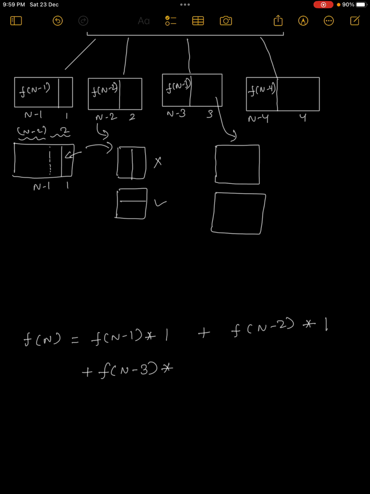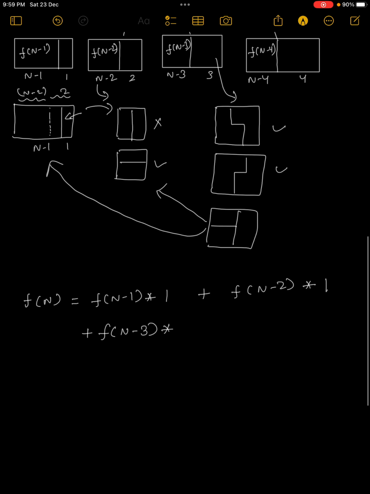The unique patterns would be using the dominoes like this, and there are two ways to tile a 2 cross 3 area. You may say that we can also use dominoes to tile like this. Okay, but all these states are already covered either in f of n minus 1 or in f of n minus 2. So we will only take these two in our answer.